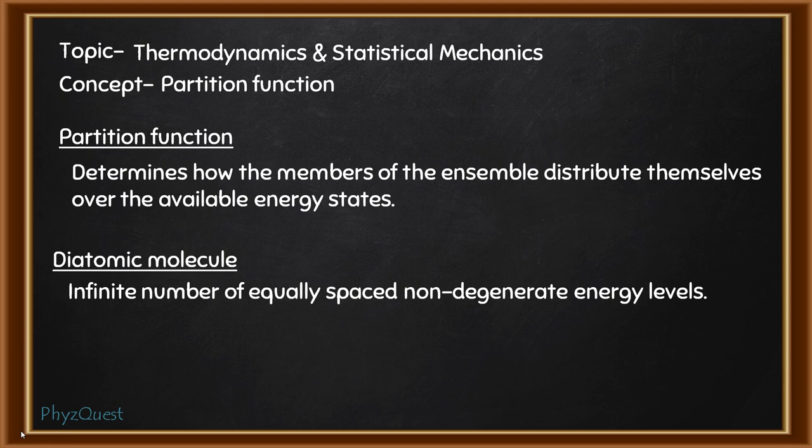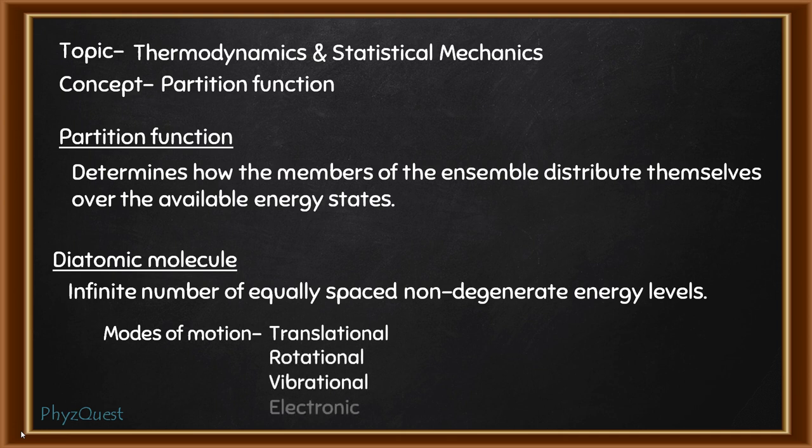When you consider a molecule, the energy of the molecule comes from different modes of motion. To calculate the partition function we need to know the energy. In case of a molecule, there are different sources of energy depending on the different modes of motion, that is translational, rotational, vibrational and electronic.